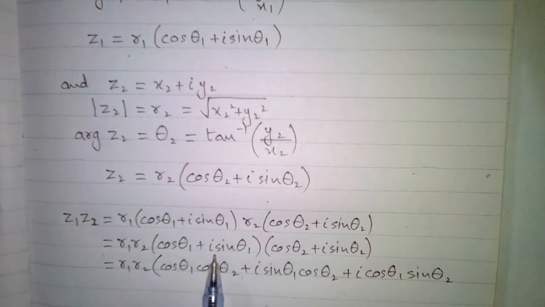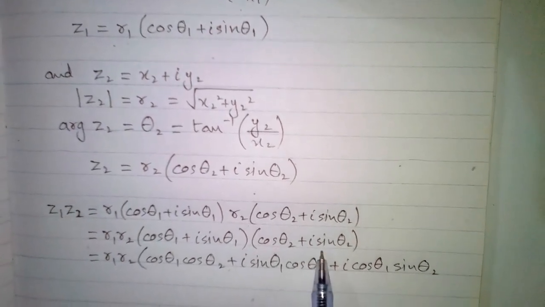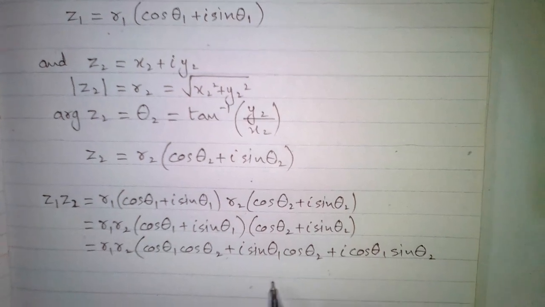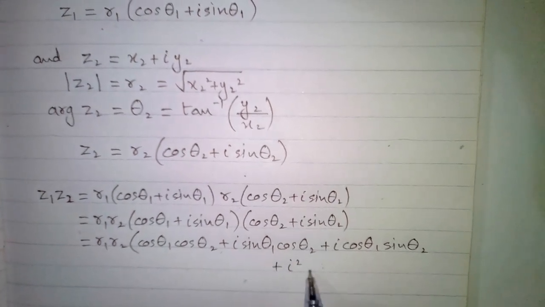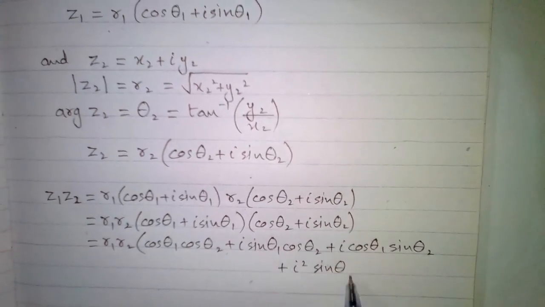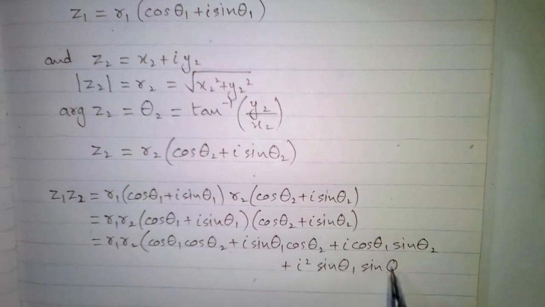Then we will multiply iota sine theta 1 with iota sine theta 2. So we have iota square sine theta 1 sine theta 2.